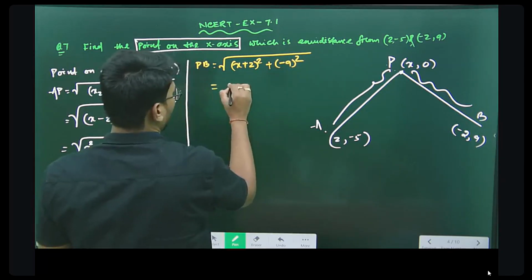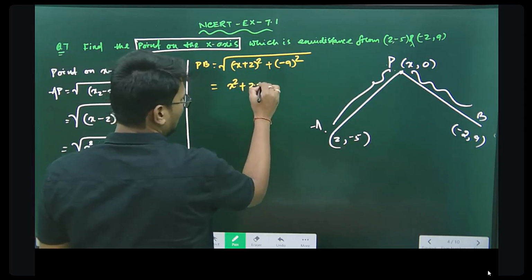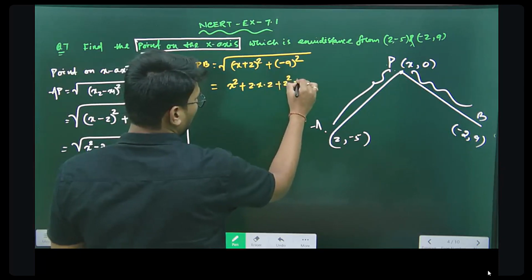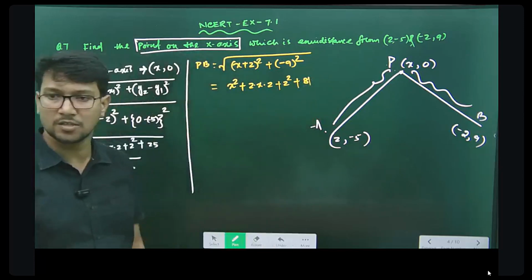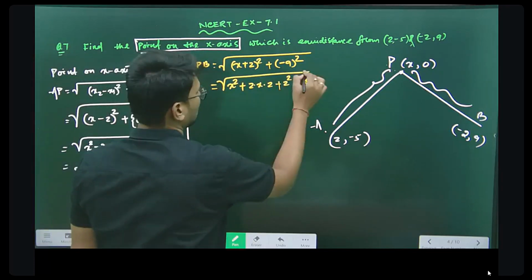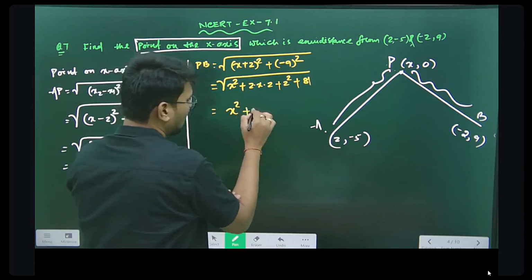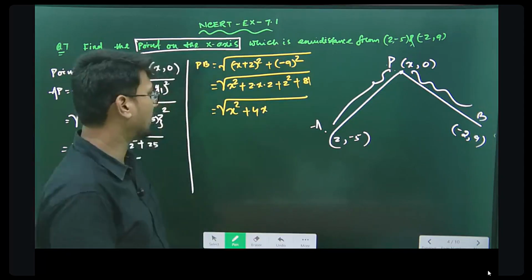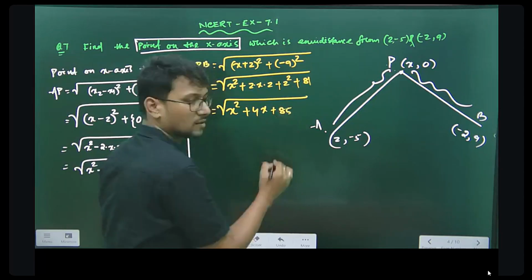So therefore this is x square plus 2ab, 2 into x into 2 plus 2 square plus 9 minus 9 square, कितना है? 81. Understood? And we have to use square root. So now x square plus 4x, square root of x square plus 4x plus 85. Is that clear?